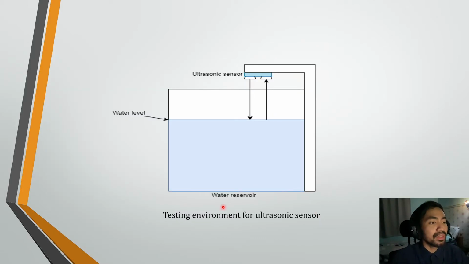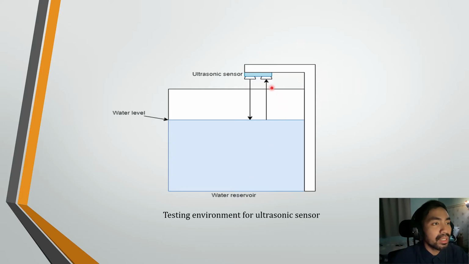Okay, next, this is the testing environment for the ultrasonic sensor. I'm just illustrating the environment because I don't have a big container to test the low level of water, as this sensor will measure up to 5 meters, equal to 500 cm distance.